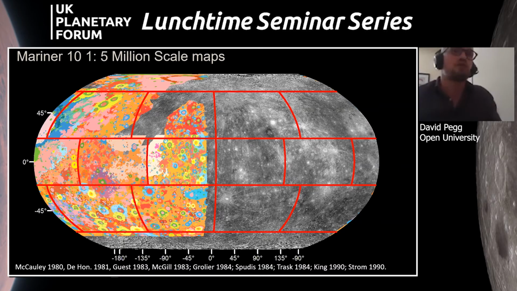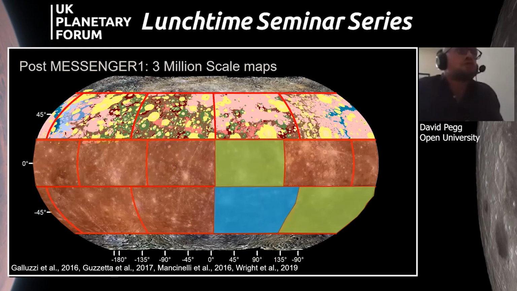And my map is part of a project across Europe to map all of Mercury using the MESSENGER data at a scale of 1 to 3 million. Mercury is divided into 15 quadrangles, and so far we've already got 4 that are published. That's these 4 up here. Then all these others that are in red are underway at the moment.